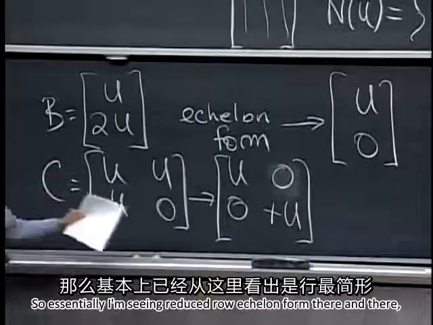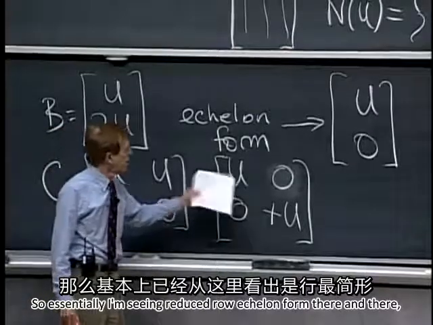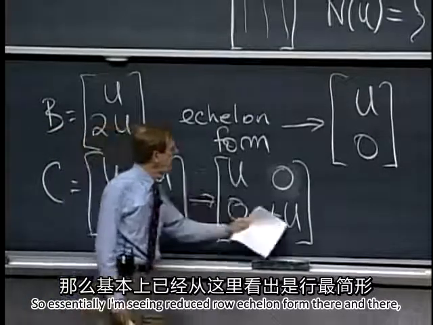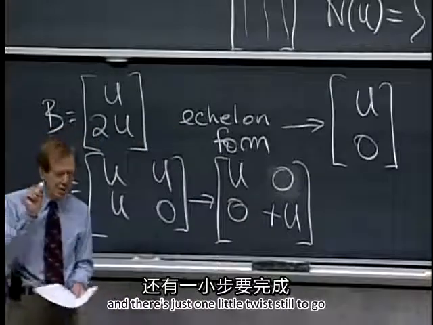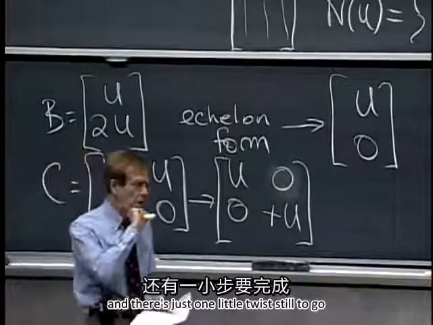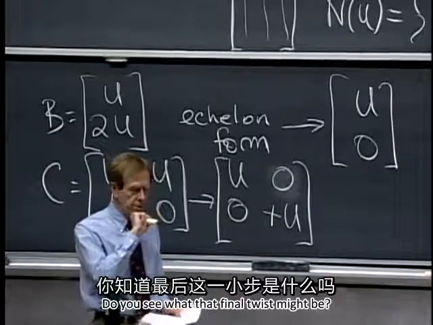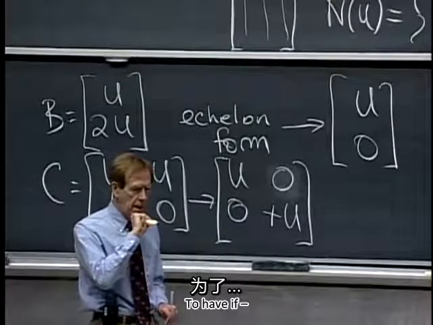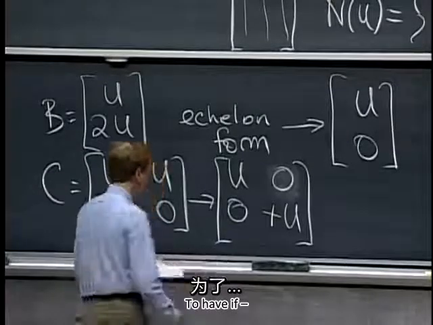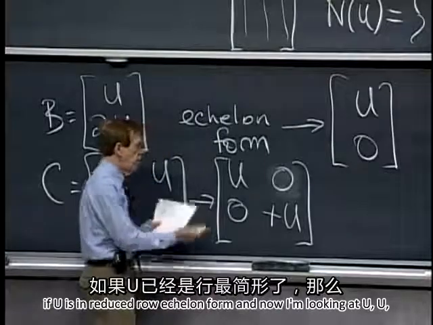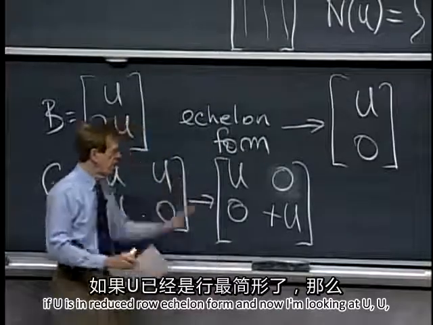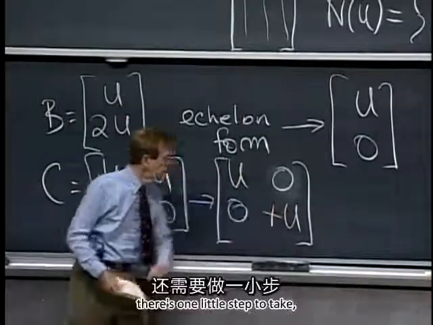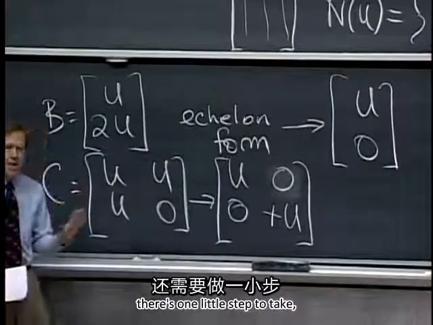So essentially I'm seeing reduced row echelon form there, and there's just one little twist still to go. Do you see what that final twist might be? If U is in reduced row echelon form, and now I'm looking at U, there's one little step to take.